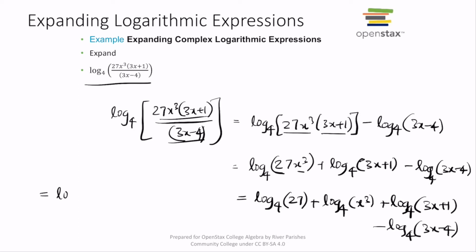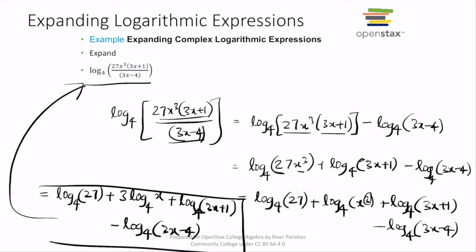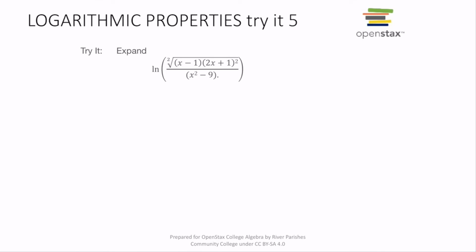Here you have x cubed, so the cube can come forward. It becomes log base 4 of 27 plus 3 log base 4 of x plus log base 4 of 3x plus 1 minus log base 4 of 3x minus 4. So this is the expanded version of this value. This is how you can expand complex logarithmic expressions. Use the same principle here. Pause the video right here and try to expand this equation.